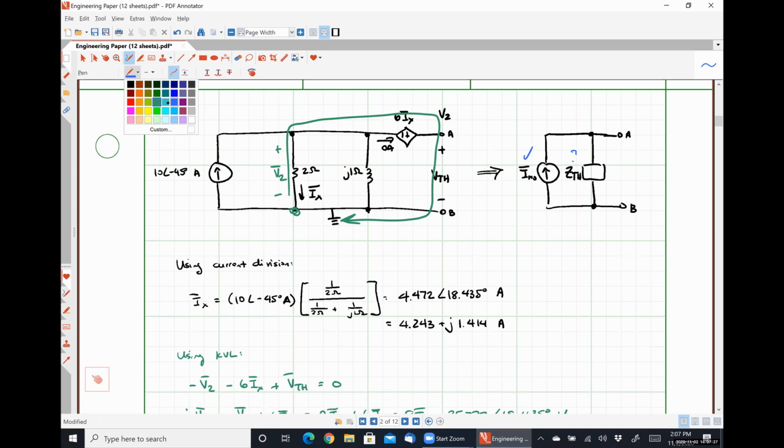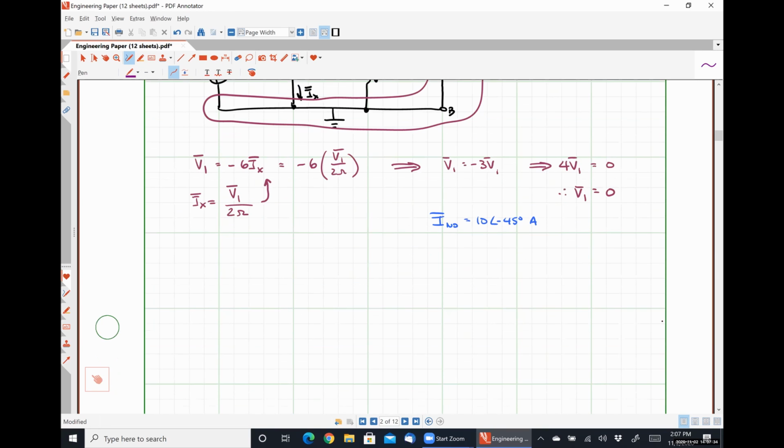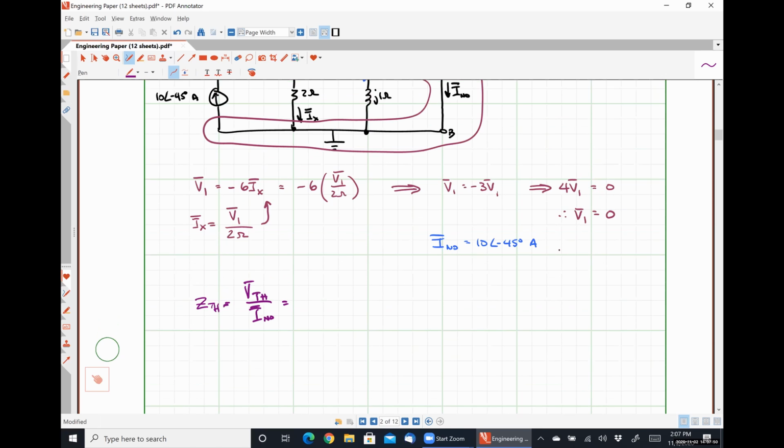So how do we get our Thevenin impedance? Yep, just good old Ohm's law, right? V Thevenin divided by I Norton.